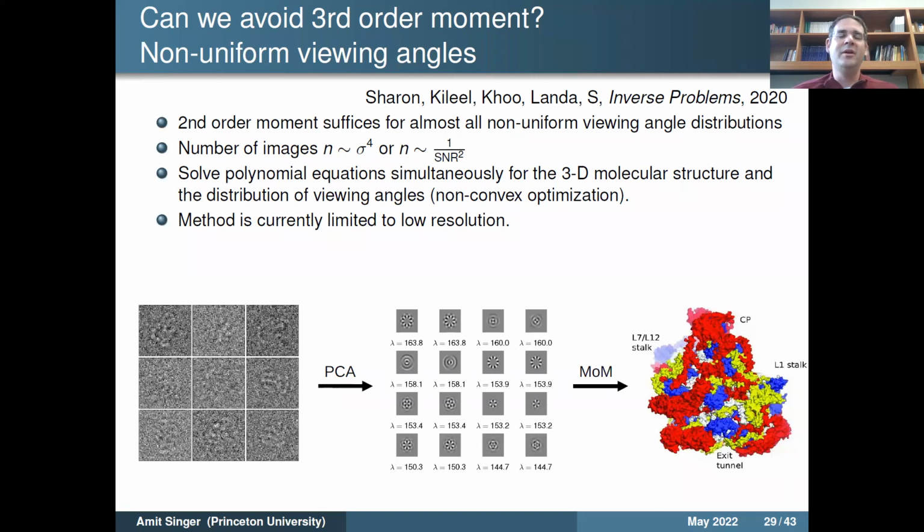It doesn't have to be a very preferred orientation, but sometimes there are some preferred orientations, and often the distribution is not completely uniform. In those cases, we can actually show that the second order moment is sufficient to determine the 3D structure, which is a bit surprising, at least at first.